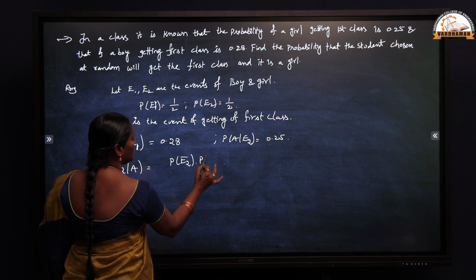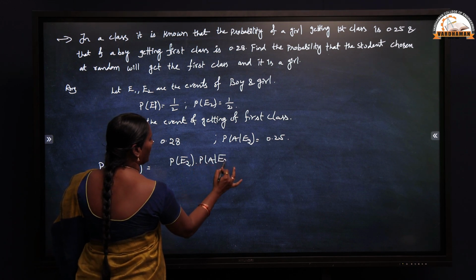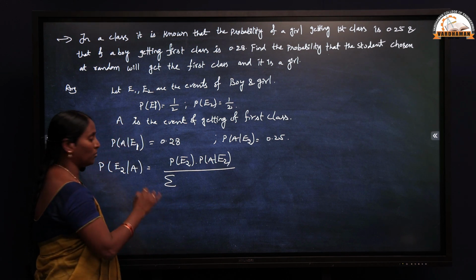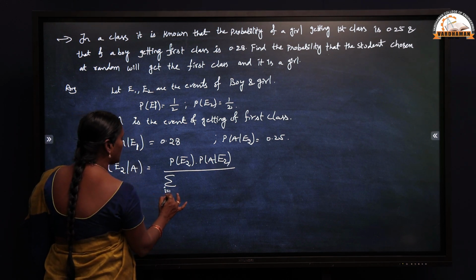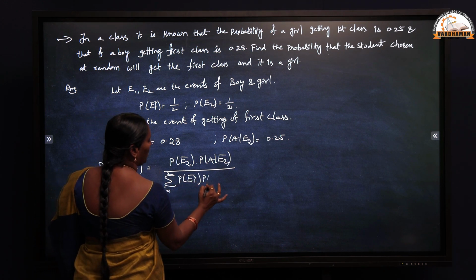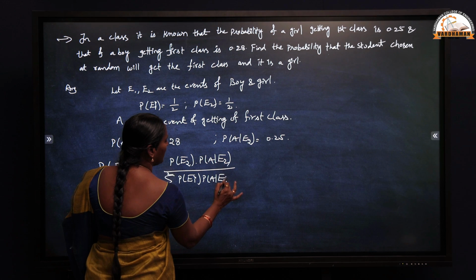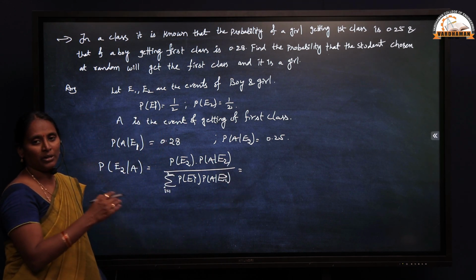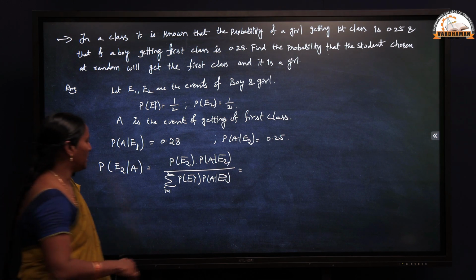P of E2 into P of A given E2 divided by the summation. How many events do we have in the problem? 2 events. So the summation i equals 1 to 2 of P of Ei into P of A given Ei. Here i refers to the number of events in the given problem; that many events we add in the denominator.